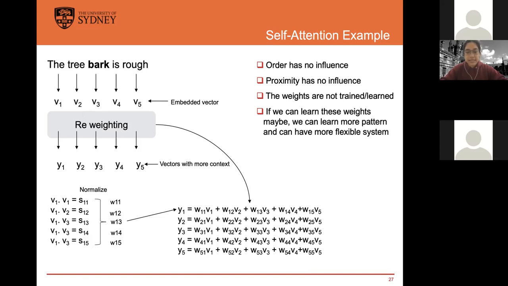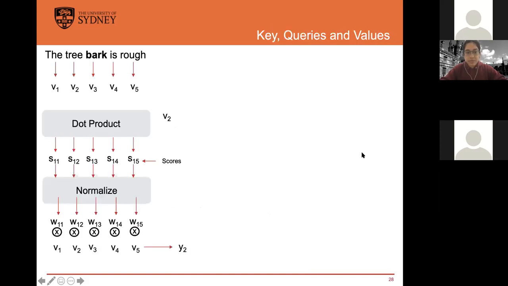So here comes a new concept, which is keys, queries, and values. This is just the same operation that we did in the last slide. You have the sequence of words, you convert it to the embedded vectors, the vector representation.